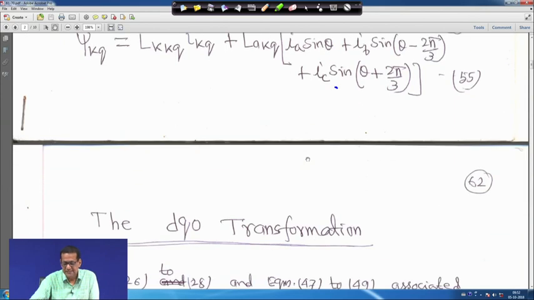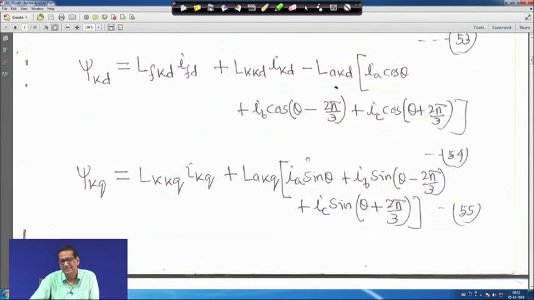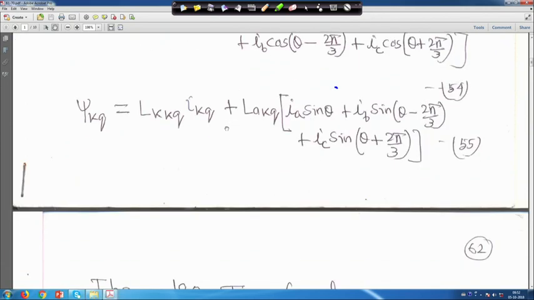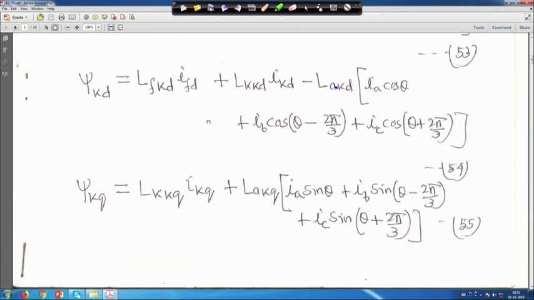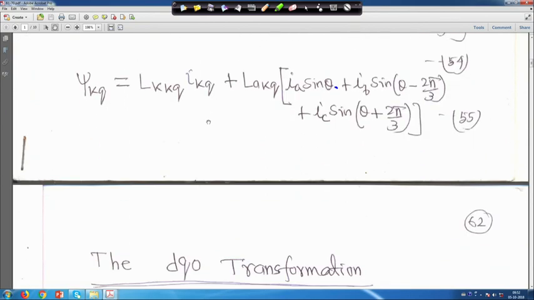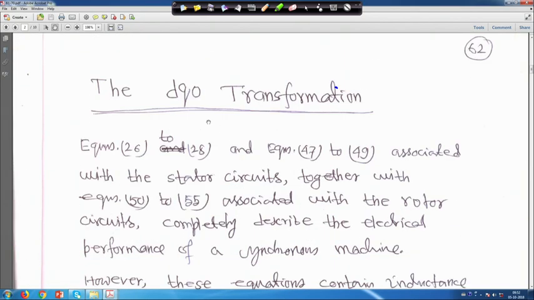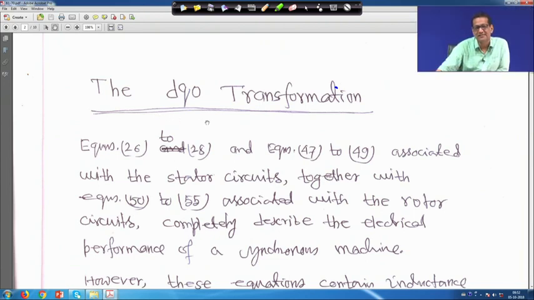Now, next, we have seen all these flux linkage equations and inductances, but this direct analysis is slightly difficult. So, we will make a DQ0 transformation, right: direct axis, quadrature axis and stationary axis.